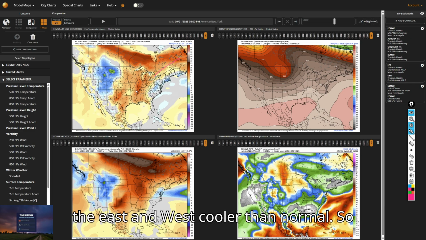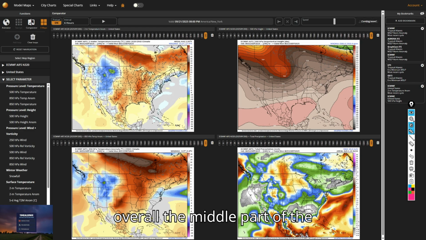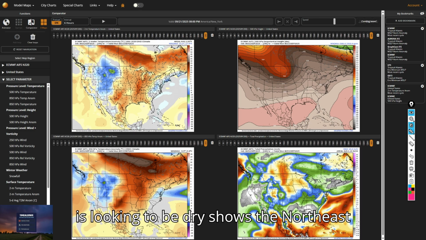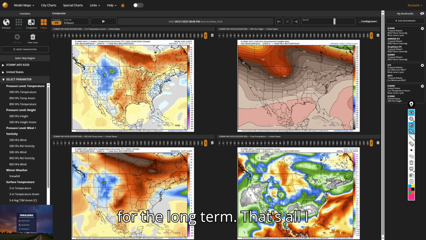The east and west cooler than normal. So overall, the middle part of the country is going to be the hottest up into Canada, with most of the precip in the same areas. And the south looks to be dry, as does the northeast for the long term.